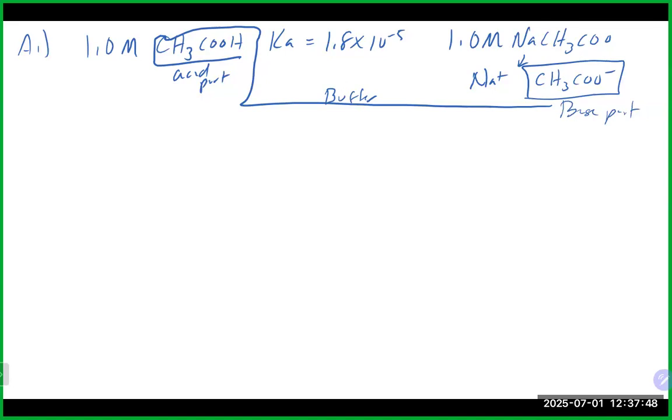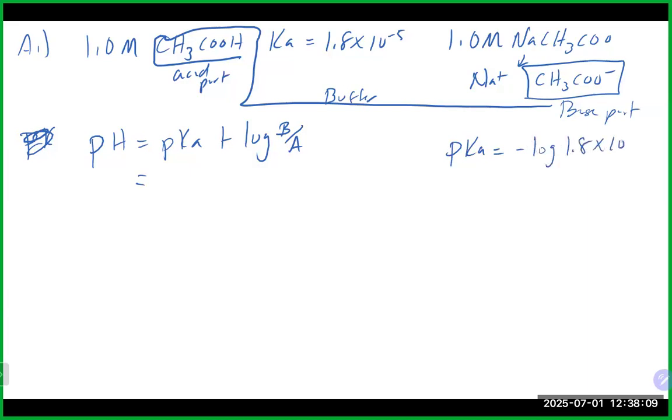So because I know it's a buffer, I can just go right into the Henderson-Hasselbalch equation. You could also do an ice table if you wanted to. Let's try it again. pH is equal to the pKa plus the log of the base over the acid. That's going to give us a pKa of negative log of 1.8 times 10 to the minus 5.